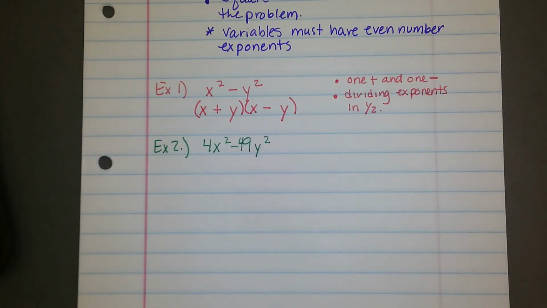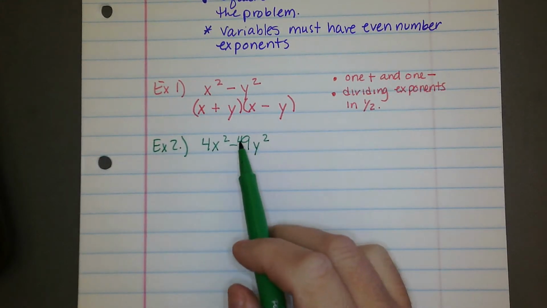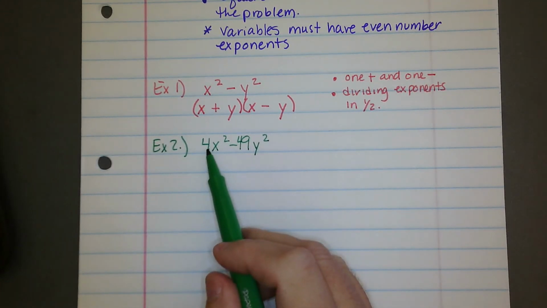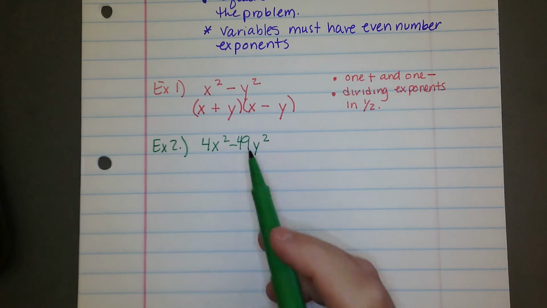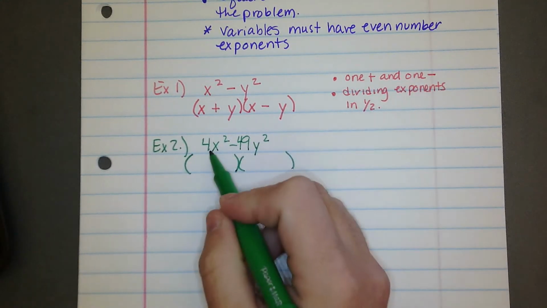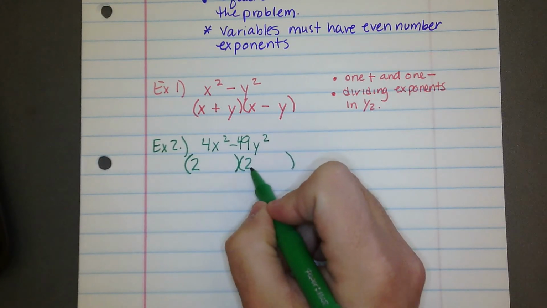In our next example, what you're going to see is that we have the x squared minus the y squared, but they've introduced constants that are coefficients in front of these variables. The question is, can I take the square root of 4 and can I take the square root of 49? Of course, they're perfect squares. So we're going to follow the same model. We're going to have two parentheses. You're going to take the square root of 4, which is 2, and put those in the front two positions.